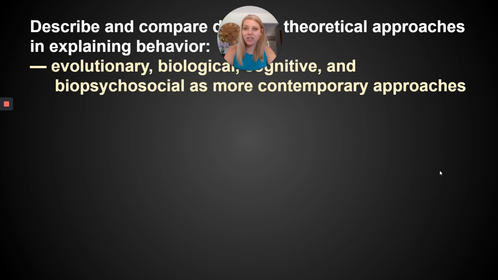In psychology, our big question is, why do people do the things that they do? We want to know why people think and behave a particular way, and we utilize the scientific method in psychology to figure that out. But of course, we come back to the explanation piece. We ask this question, why does someone behave a particular way?